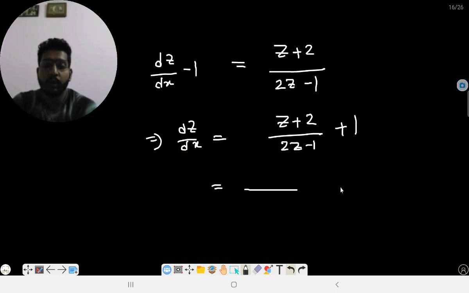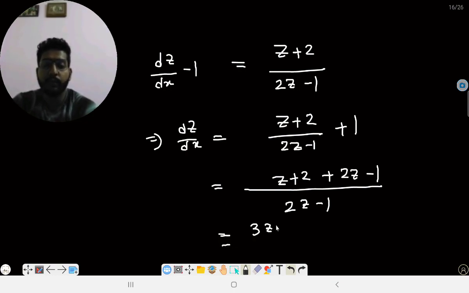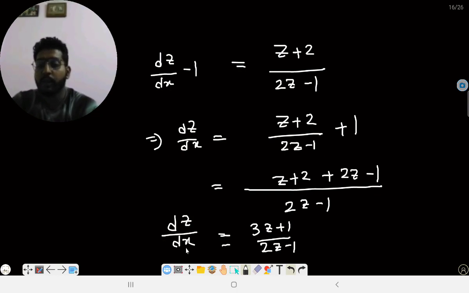Now use the LCM, 2z minus 1, so it becomes (z + 2 + 2z - 1)/(2z - 1). That is 3z plus 1 over 2z minus 1. So dz/dx is coming like this.